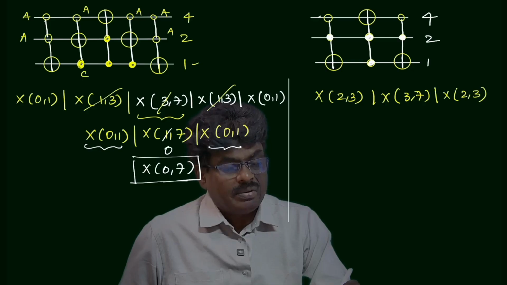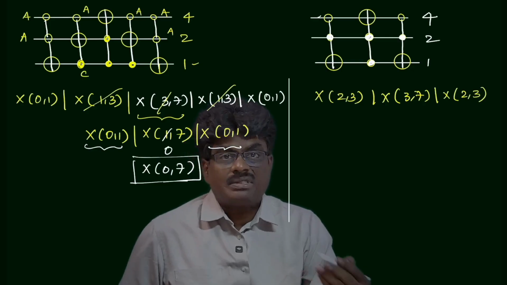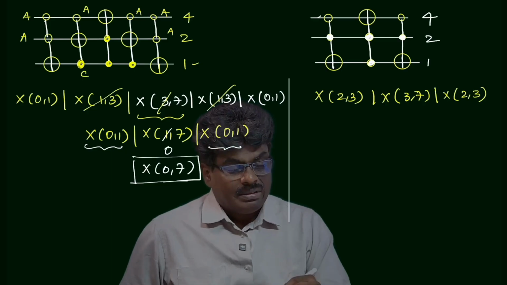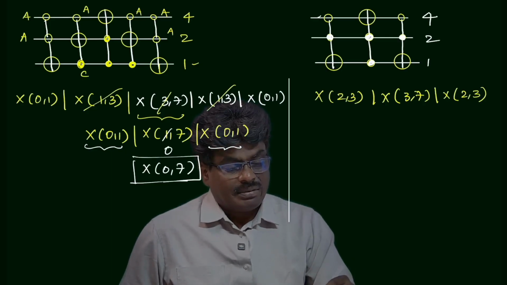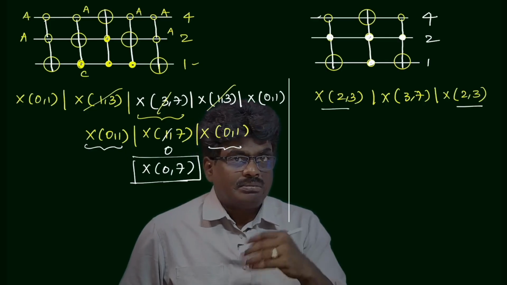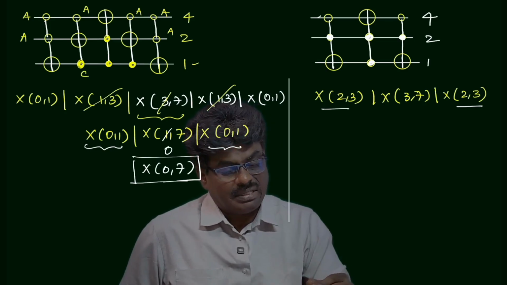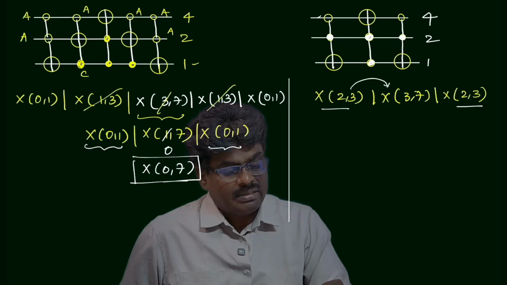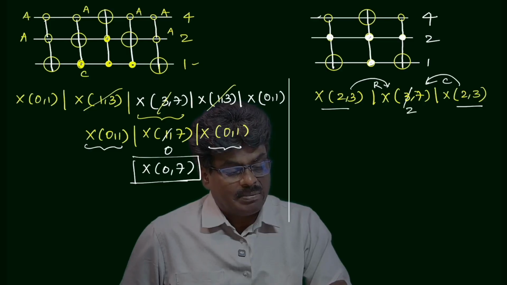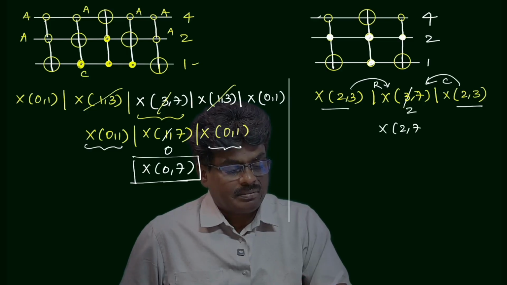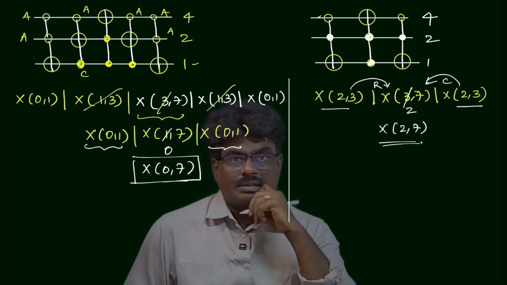Pause the video for a few seconds and please try to do it yourself. So here 2 3, here 2 3 is there. So R2 and R3 will interchange, C2 and C3 will interchange. This side row operations, and this side column operations. That's why 3 is replaced with 2. That's it. Okay.